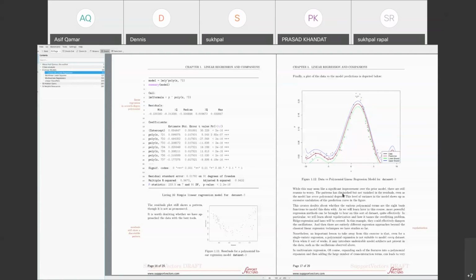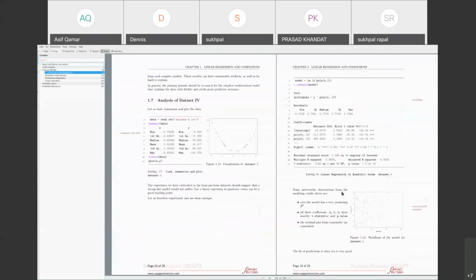It's a good approximation, but there may be a better way to do that. Those better ways we'll learn in due course of time. In fact, today itself we'll learn. And there is a topic called regularization, which we will start with in workshop number 2, to deal with situations like this.